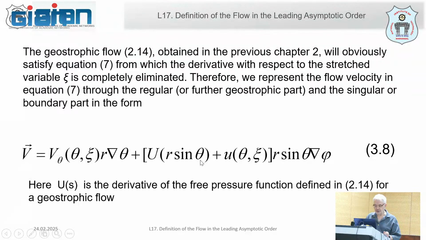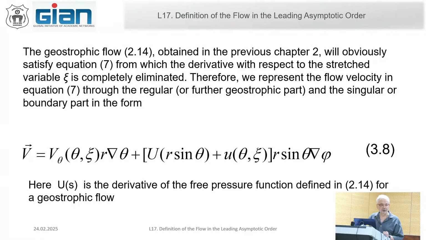Here r sine theta is the cylindrical radius, but represented in spherical coordinates. There should also be a similar free function, which we show here by small u. Here there is capital U for the geostrophic flow, and this one is for the small u. Of course, it also has the component due to the azimuthal direction; this is the unit vector in the azimuthal direction.